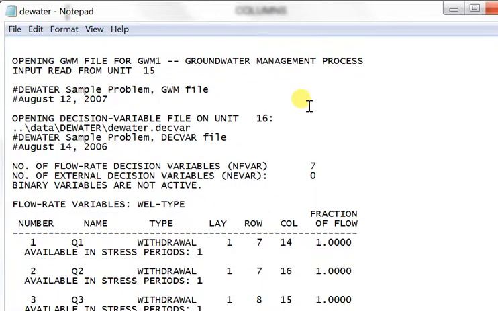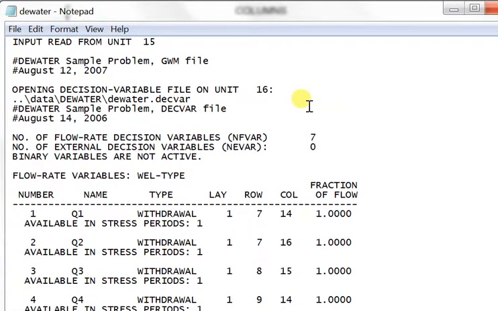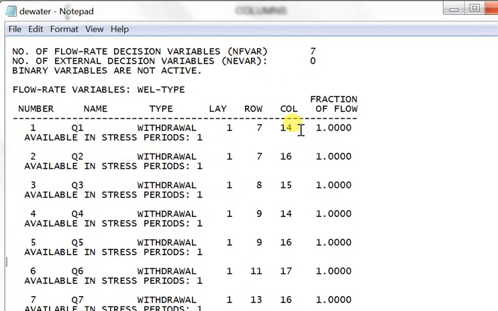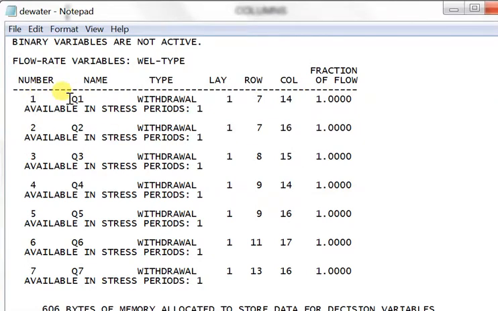As we scroll down, we see that the input is being echoed to the screen. So here first is the decvar file. And these are the decision variables. Here they are, their names. They're all withdrawal variables. There are certain layer, row, column locations, and they're all available in stress period 1.